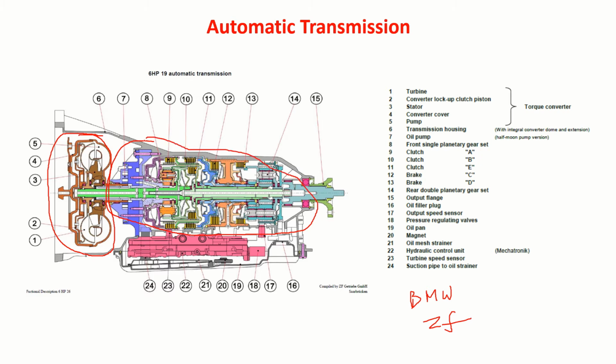In this automatic transmission system, you can observe a set of epicyclic gears. Also, you'll have clutches. You'll also have brakes, all these things. So to operate these clutches and brakes and all that, you have the hydraulic system.